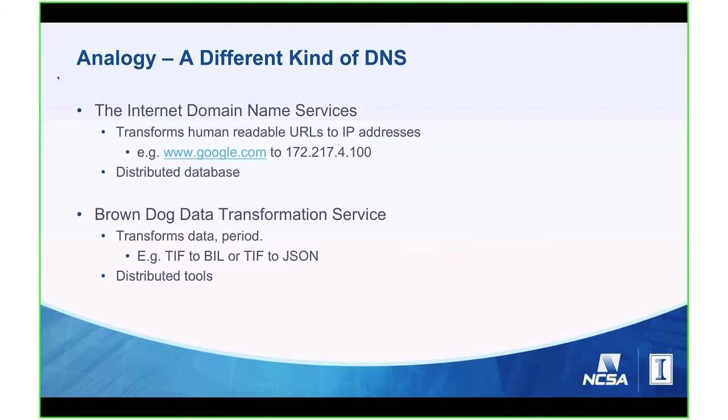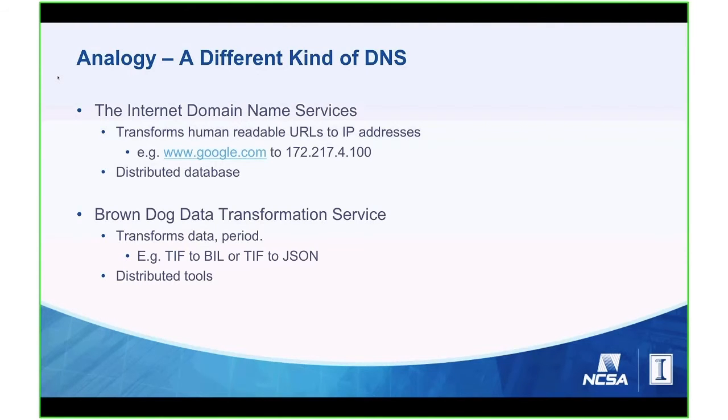You couldn't go to google.com because it wouldn't be able to translate it to IP addresses, which is what machines need to know to route your traffic. Brown Dog is analogous to that. It doesn't transform something as simple as that. It transforms basically anything. The key here is data, file formats, or extracting derived products.